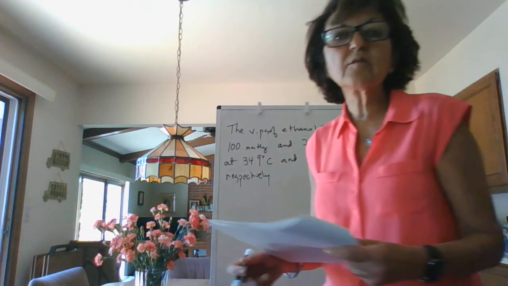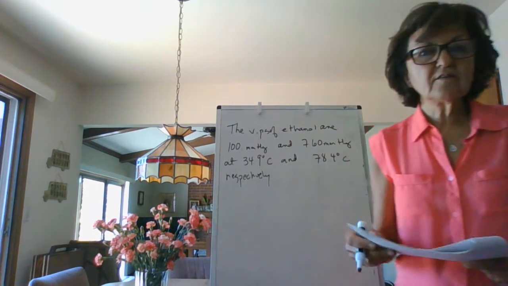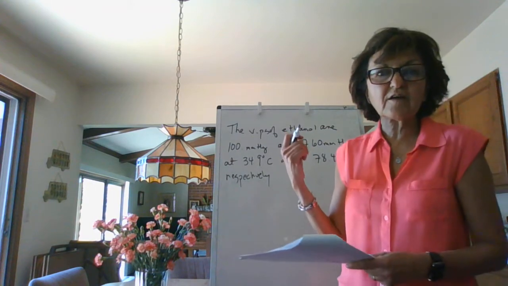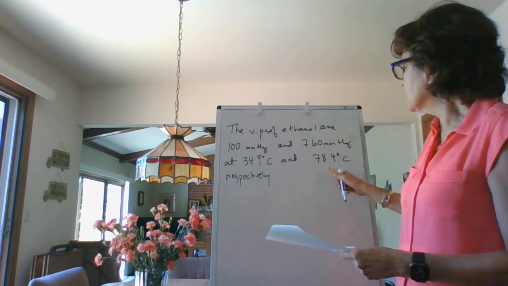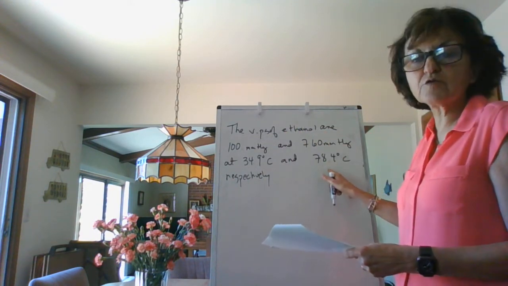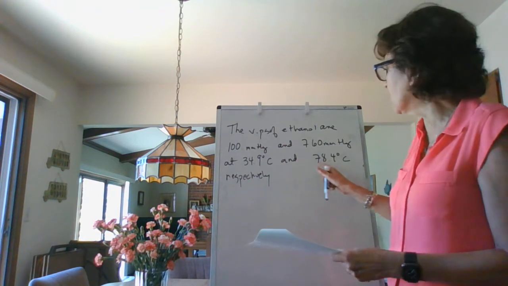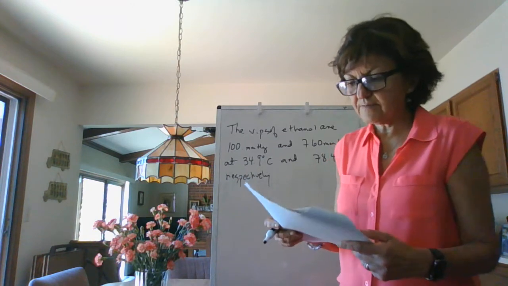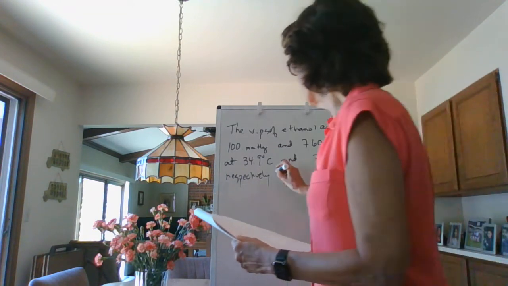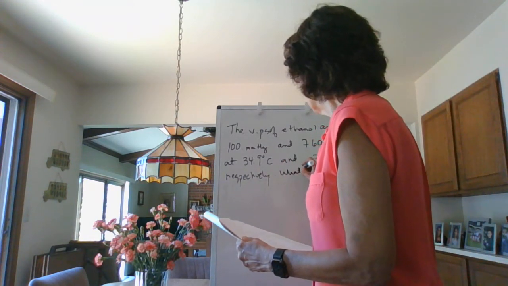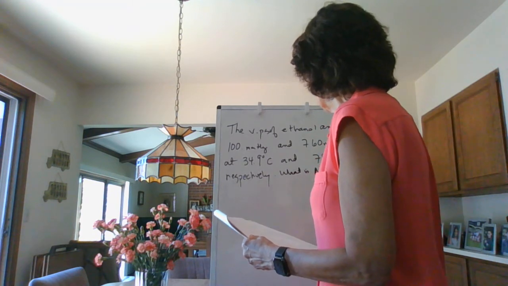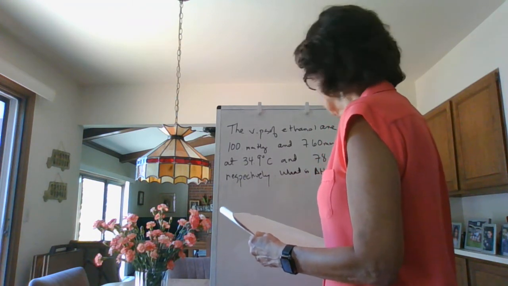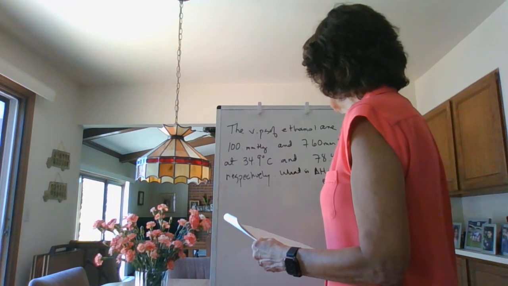Which one's the boiling point of ethanol? You can tell from this, right? 760, 78.4. So the normal boiling point of ethanol, 1 atmosphere, is 78.4 degrees Celsius. Okay. Question is, what is delta H of vaporization of ethanol?